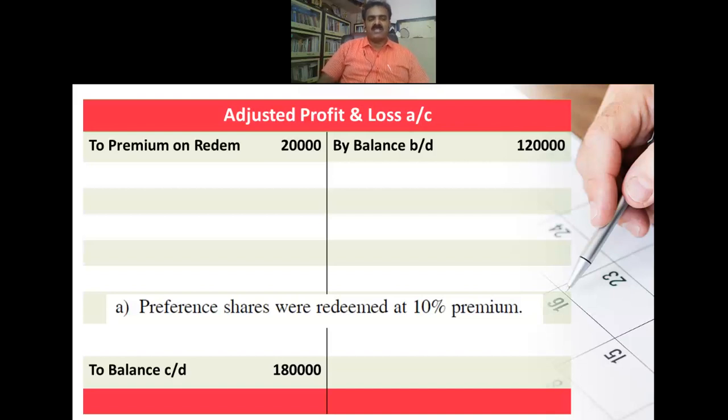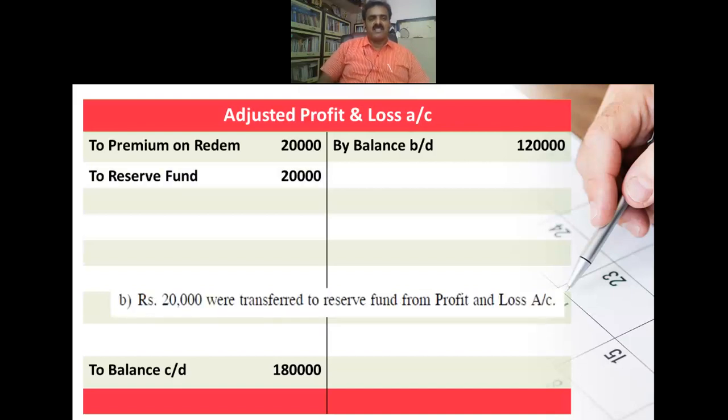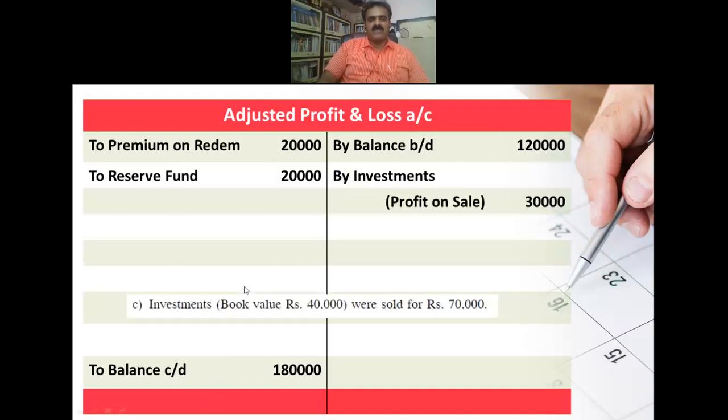That 20,000 rupees is taken here. The second one is the transfer to reserve fund, 20,000 rupees, which is taken from the profit and loss account. The third one is a profit on sale where the book value is 40,000 and the sale value is 70,000. Therefore, profit on sale is 30,000.